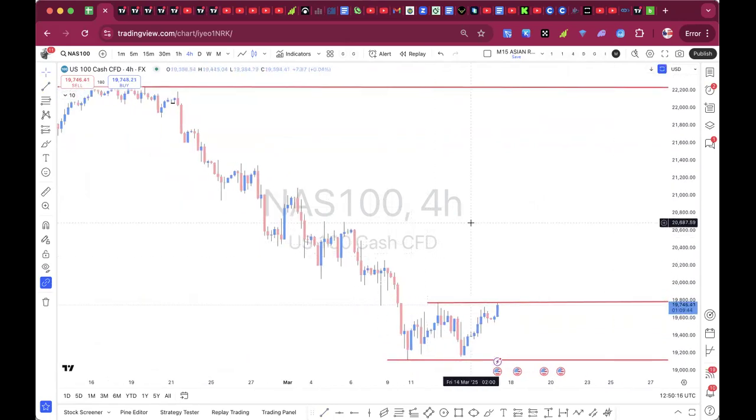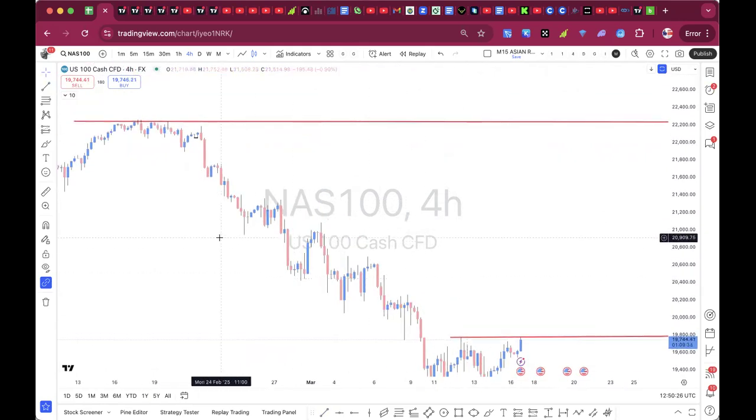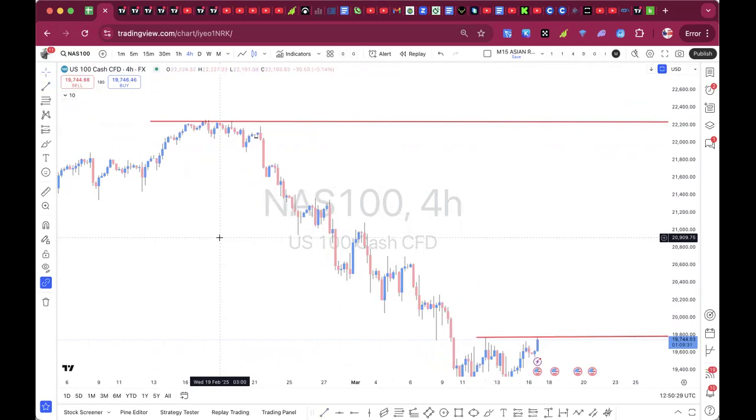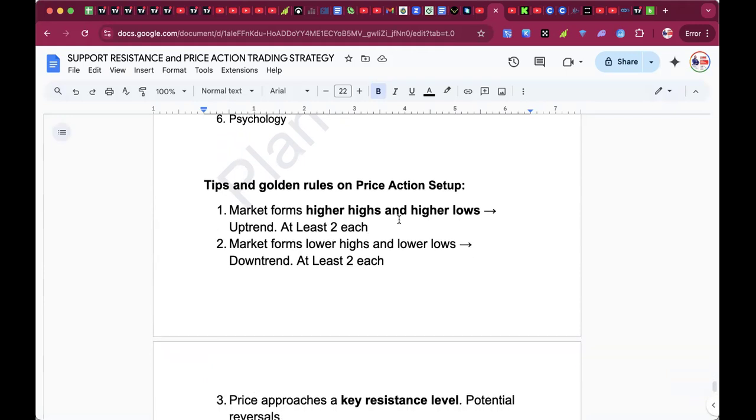In 4 hours, this market was doing a kind of sideways. Why? Because market structure has to do with swing lows and swing highs. If you read up, market structure has to do with swing up and down movement that creates a trend, so we have a downtrend and an uptrend. The basic tips I gave here, the tips and golden rules on price action setup, are very simple.